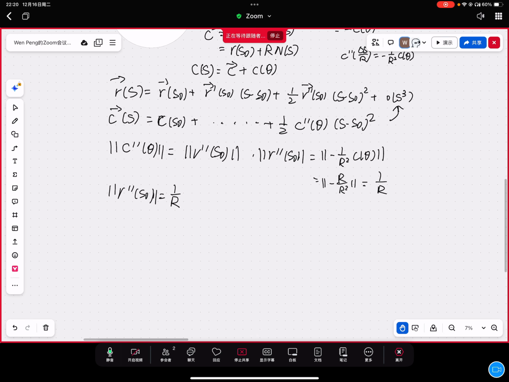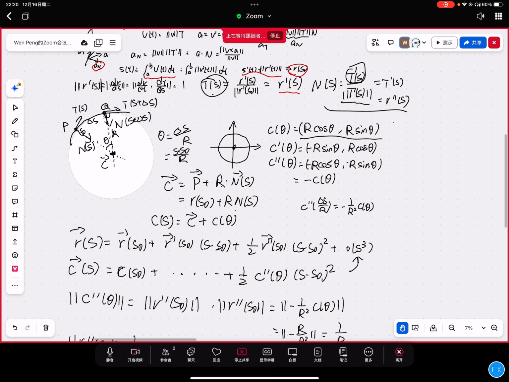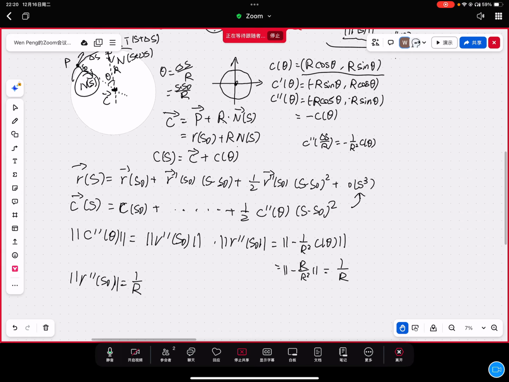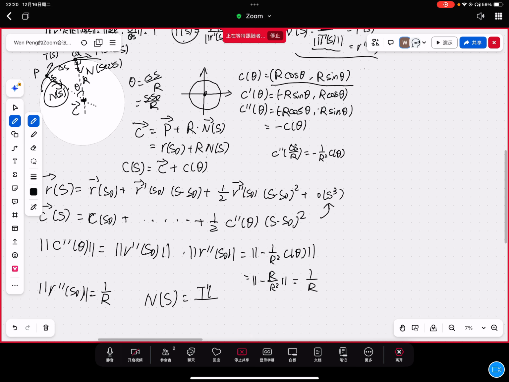So therefore, when we examine the curvature, we are examining this. And what's the magnitude? And what's so special about this n prime of s? n of s is actually determined by t, which is r double prime of s.